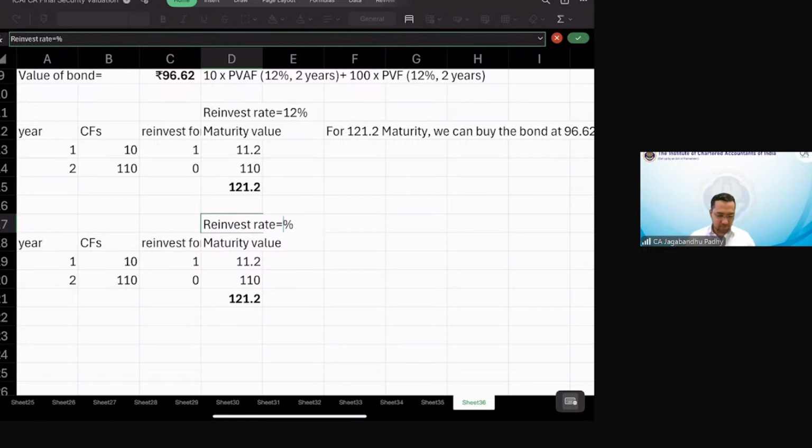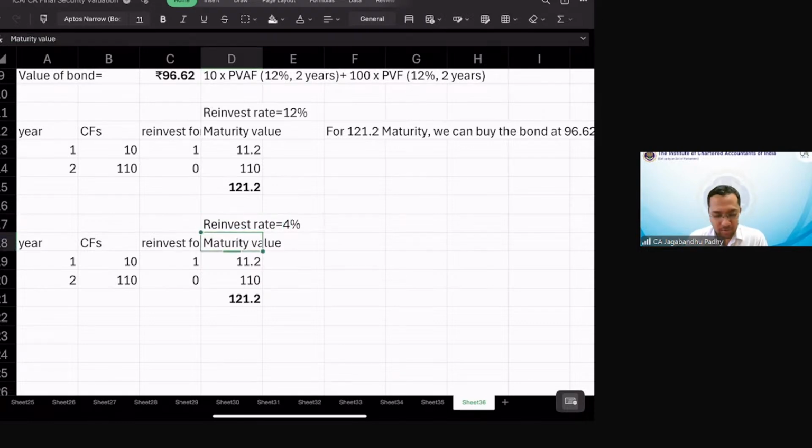So let's say the reinvestment yield has fallen to 4%. If the reinvestment rate has fallen to 4%, will the maturity value change? Will this maturity value change, guys?